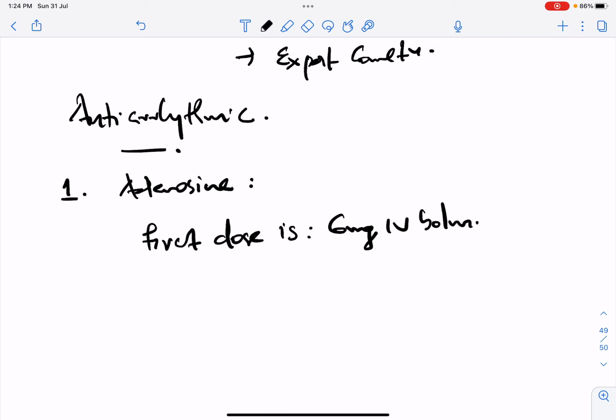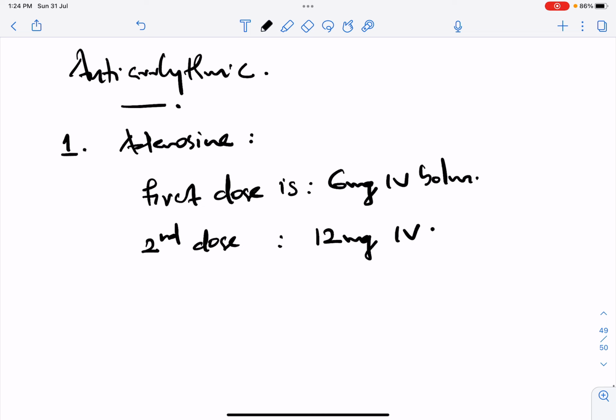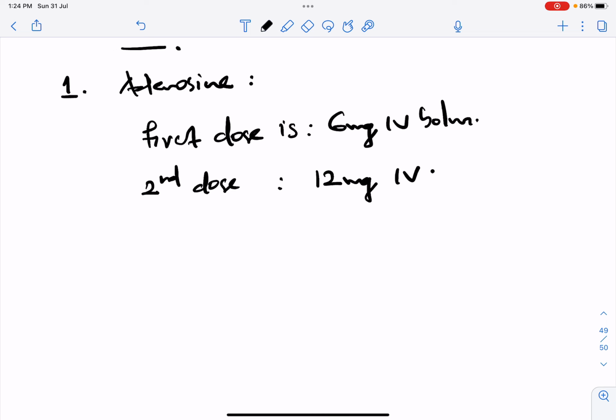After giving the 6 mg of IV adenosine, you have to give a saline push and then immediately elevate the limb. Okay, and if it is not terminated, a second dose can be given. And it is 12 mg IV. Okay, this is how to give adenosine, and it is a drug of choice for SVT.